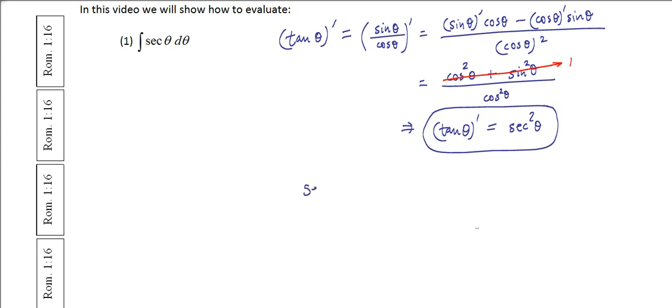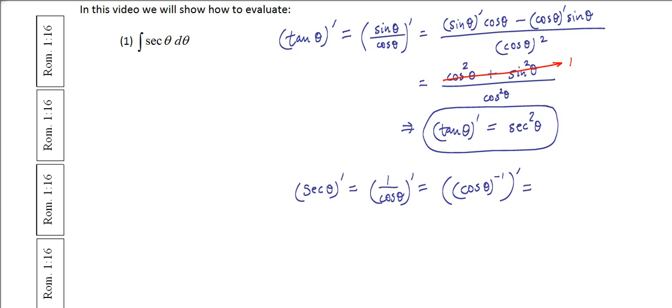Then let's look at the derivative of secant of theta. Well, secant of theta is 1 over cos theta. We can once again do the quotient rule, but just to show you a different way of looking at it, I can write this as cos of theta to the minus 1 power, and then I'm taking its derivative.